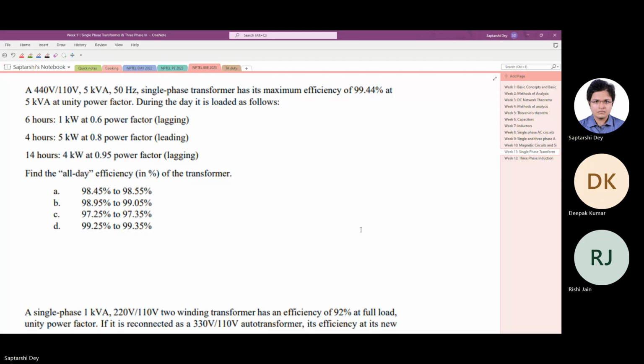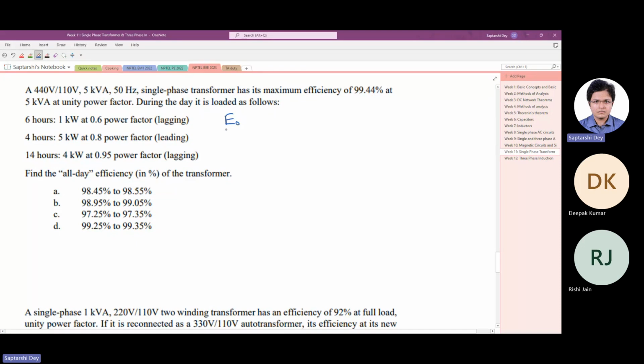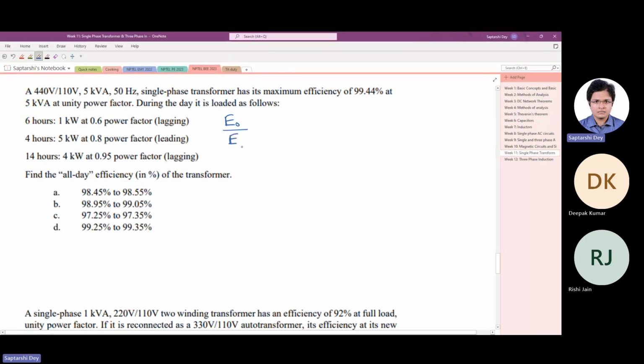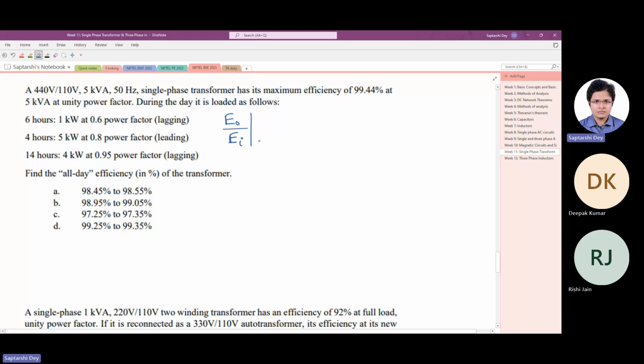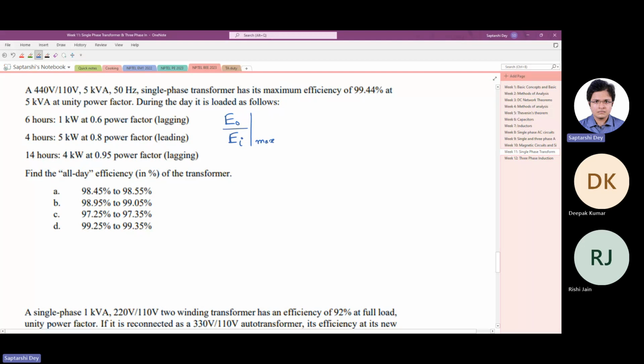That's why distribution transformers are designed such that the all-day efficiency, that is the total energy output in 24 hours by the total energy input in 24 hours, is maximized. You cannot maximize the efficiency at one point. That is not an optimum solution for a distribution transformer.